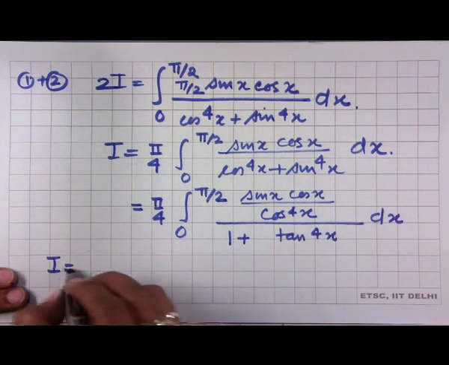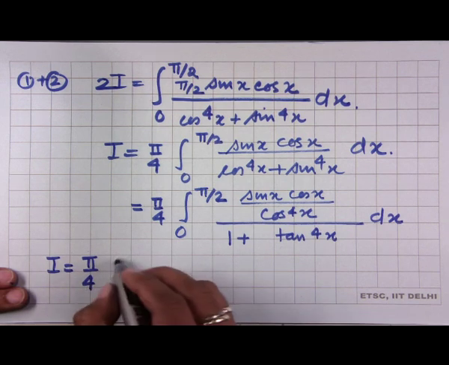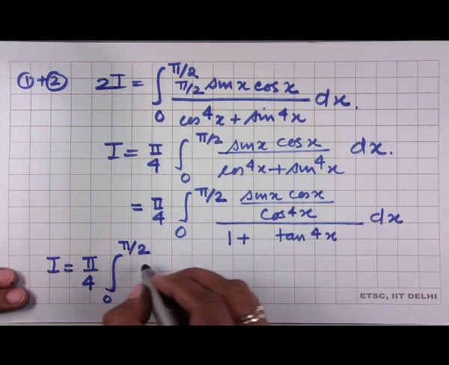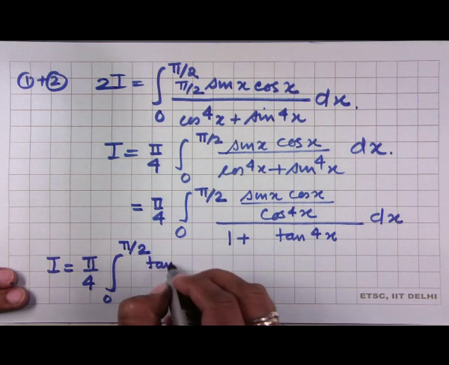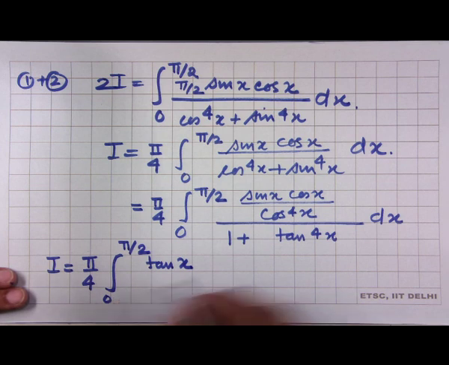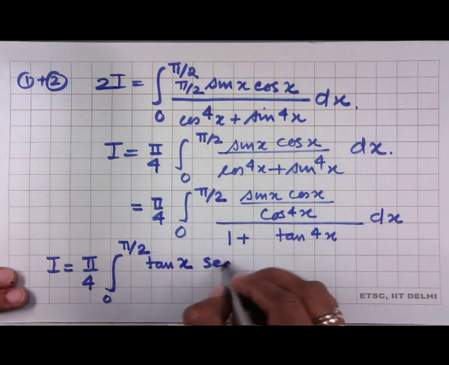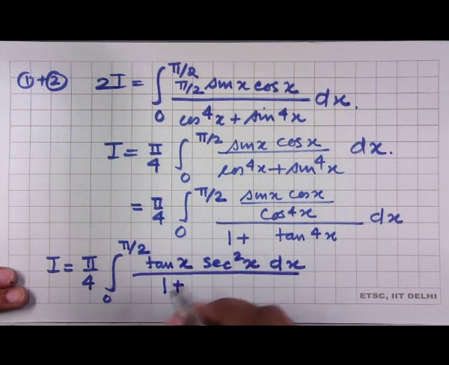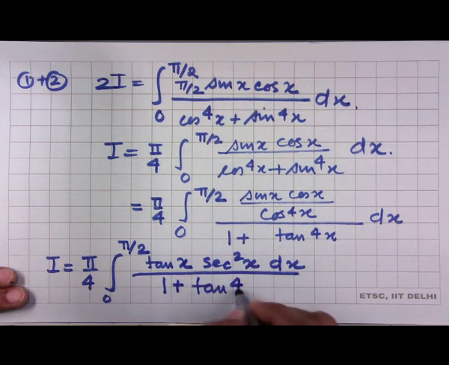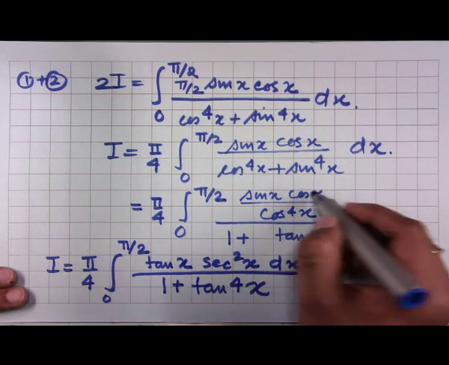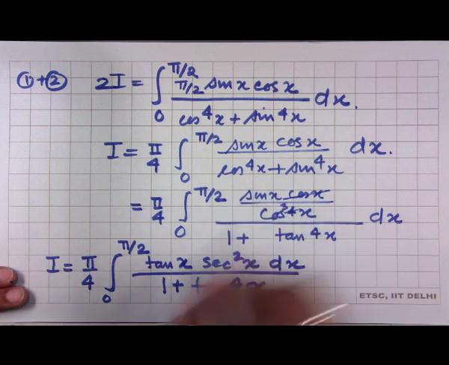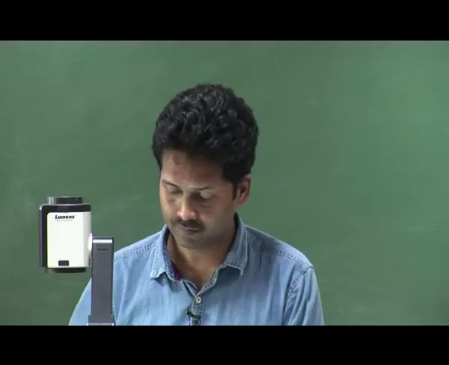So I is equal to pi by 4, 0 to pi by 2, tan x sec square x dx over 1 plus tan power 4 x. One cos x will get cancelled from here, so you get cos cubed, and then one is adjusted with sin x, so you get tan x, and the 1 by cos square x is giving you sec square x.